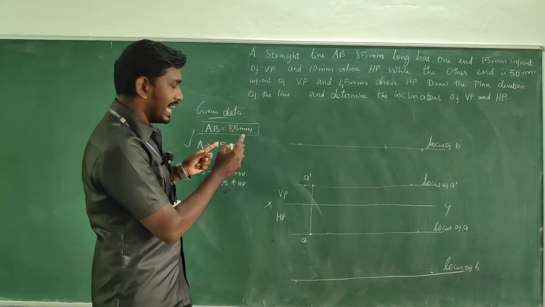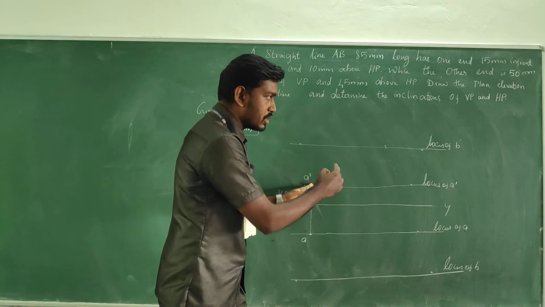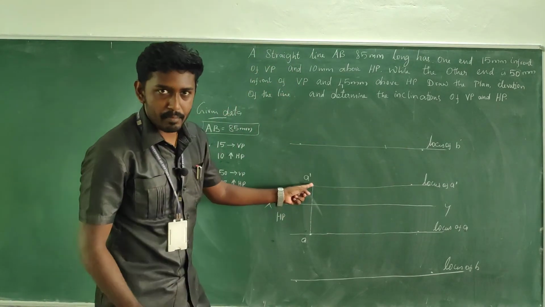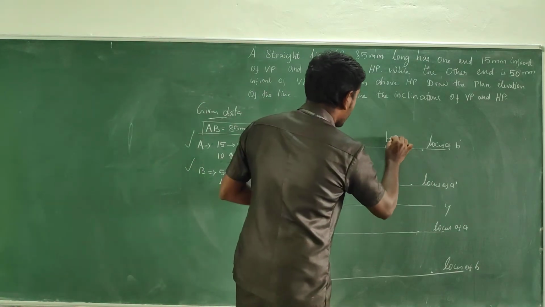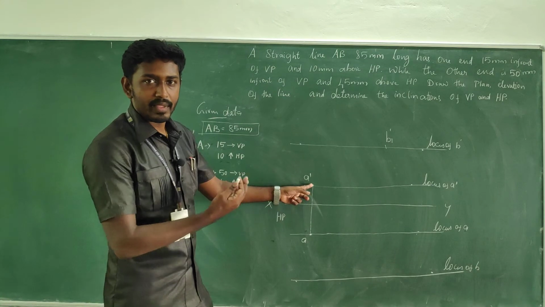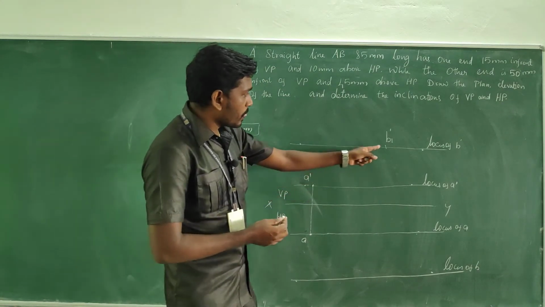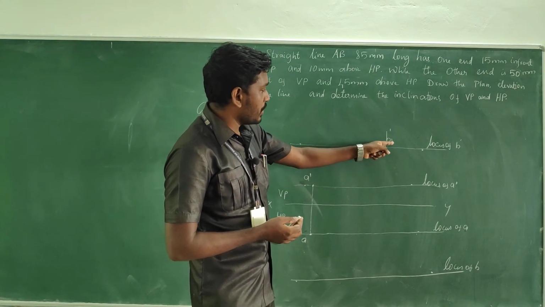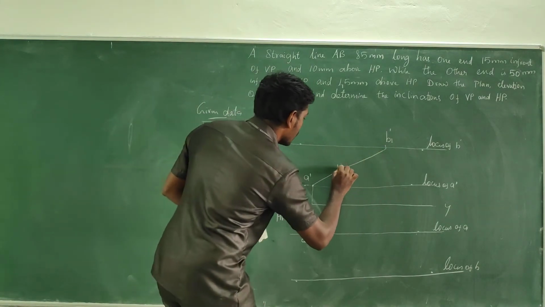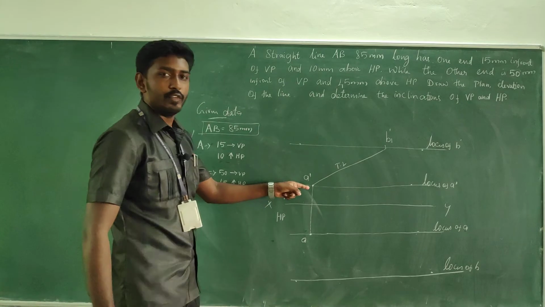Measure 85 mm and keep it at A dash. This is the point B1 dash. This is not the final end. Take a line. This is your true length in the front view.